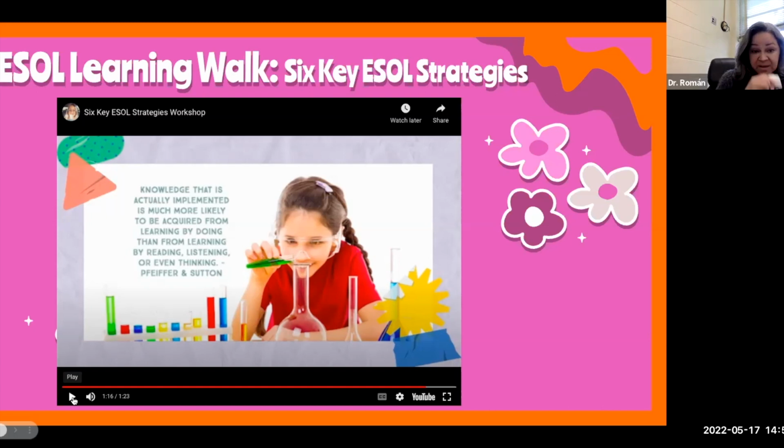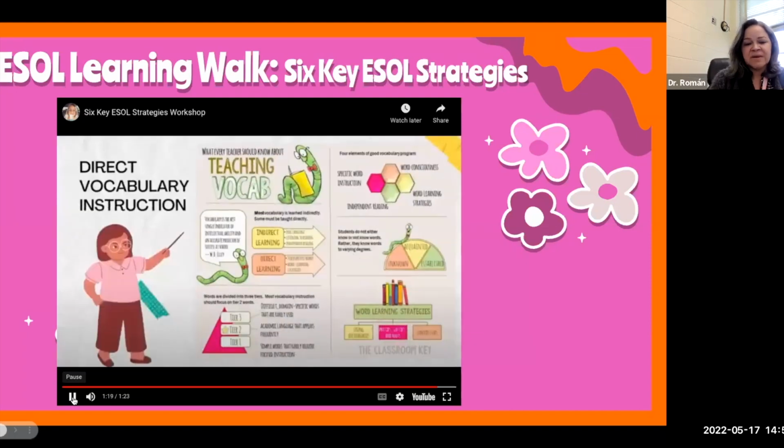And this was said by Pfeffer and Sutton, but learning by doing is a concept and a strategy that John Dewey came up with. And you learn better when you're doing things instead of being told, okay, you can do that and that and that. No, hands-on. Because in the process, you're going to get it and you're going to understand it. And then you will be able to produce it and reproduce it, which is the main goal.